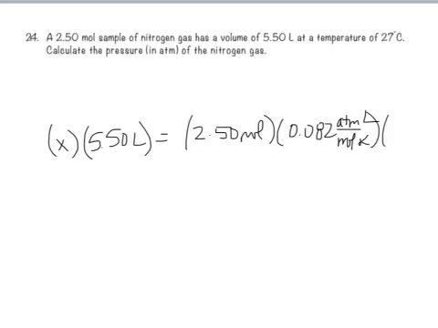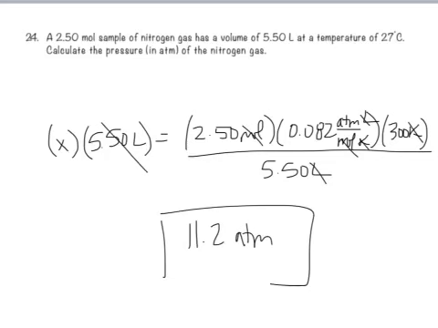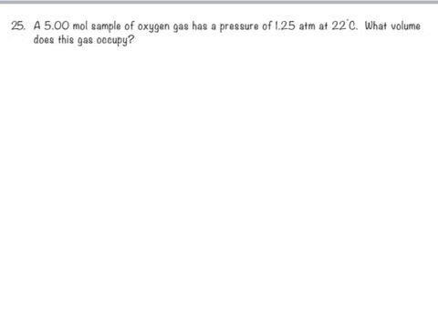And then the temp is 300 Kelvin. Okay, if I divide this by 5.50 liters, you'll notice that the liters cancel, the Kelvin cancels, the moles cancel. You're left with atmospheres, 11.2 atmospheres when you multiply and divide.